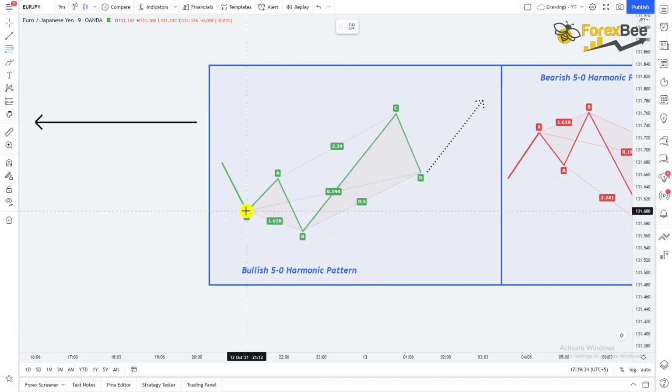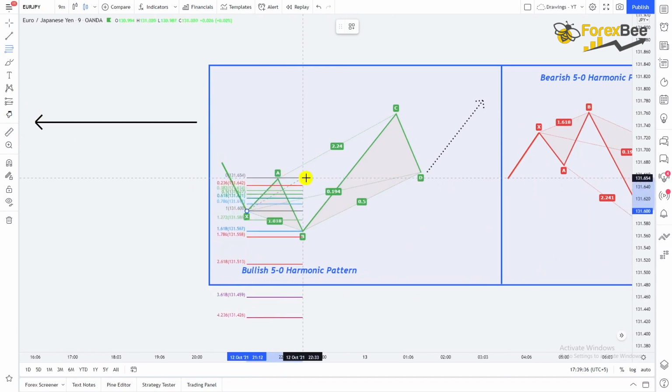If I draw the retracement, we can see that the AB wave, or this B point, is at the 1.618 level of this XA wave extension. This 1.618 line is meeting the B point, and this is also represented here between XB with the 1.618 Fibonacci level.